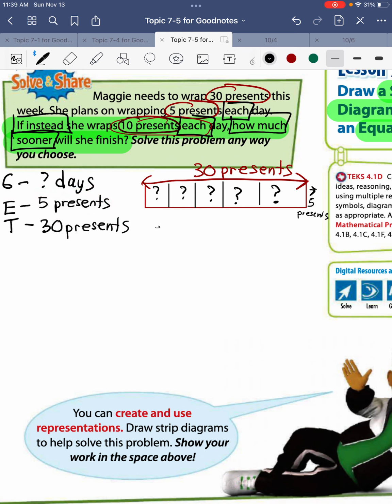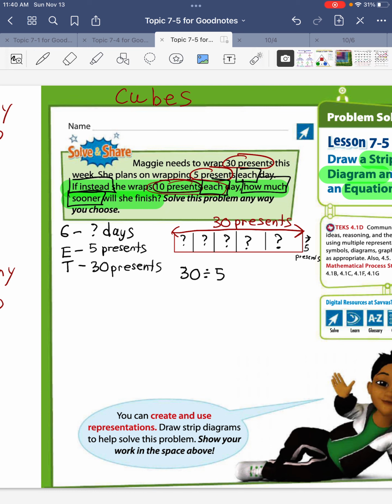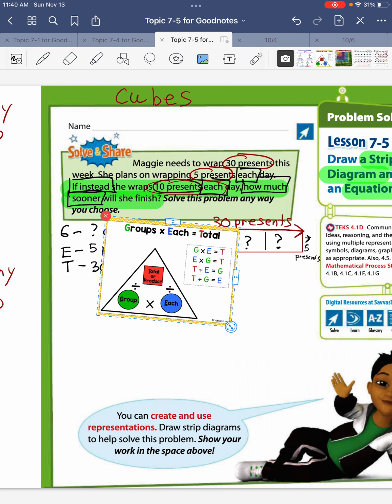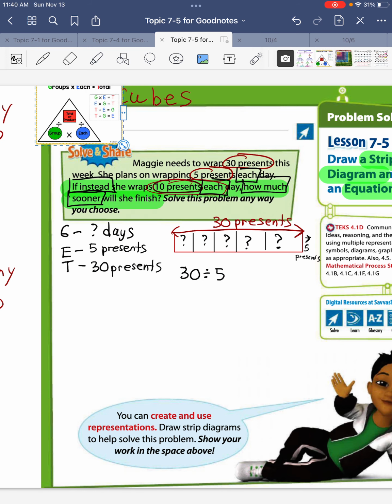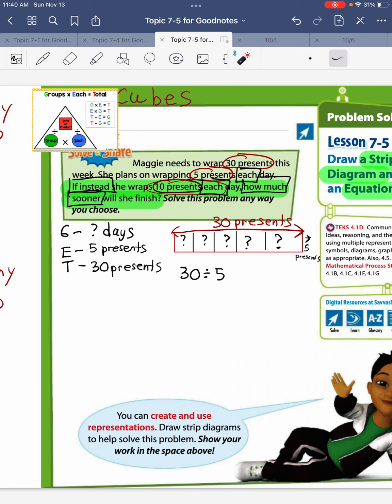So I'm going to do 30 divided by 5, okay? And again, I'm using this picture, my get, to help me. Just to go through this again, I know my total, I know my each, but I don't know my groups. I'm going to divide. That's how I know.